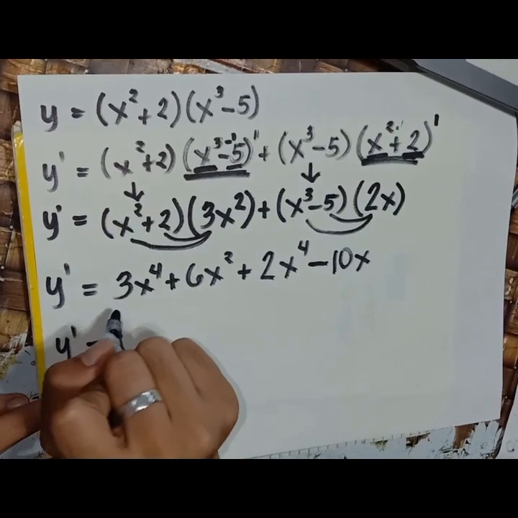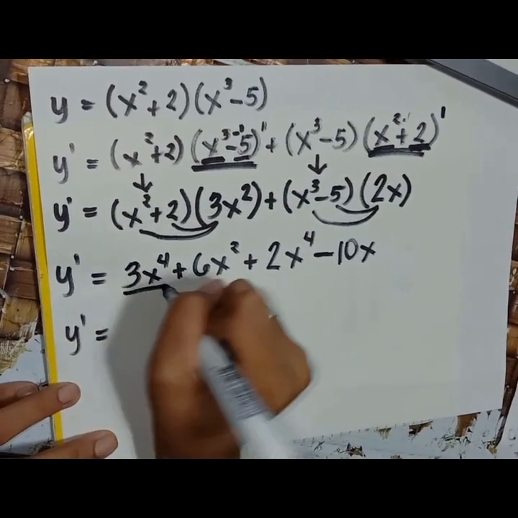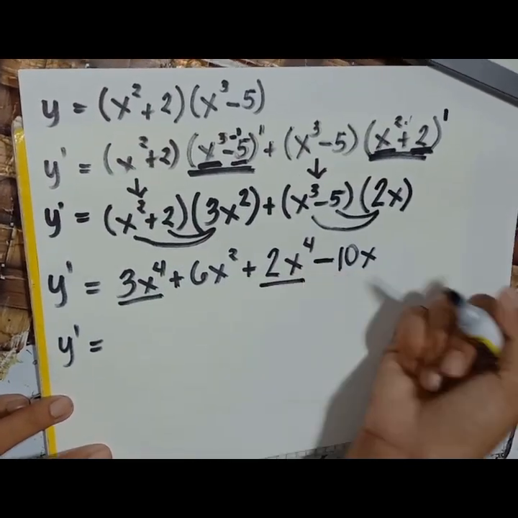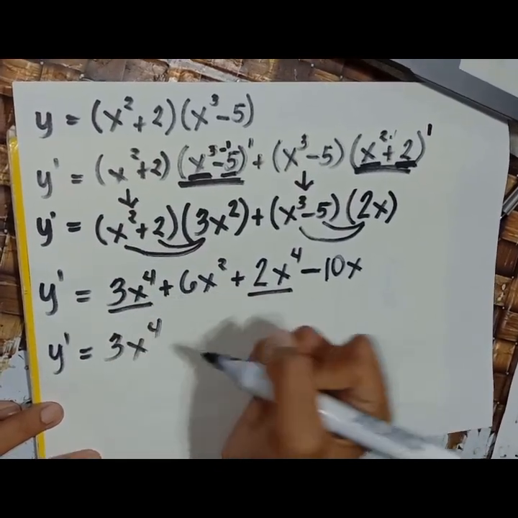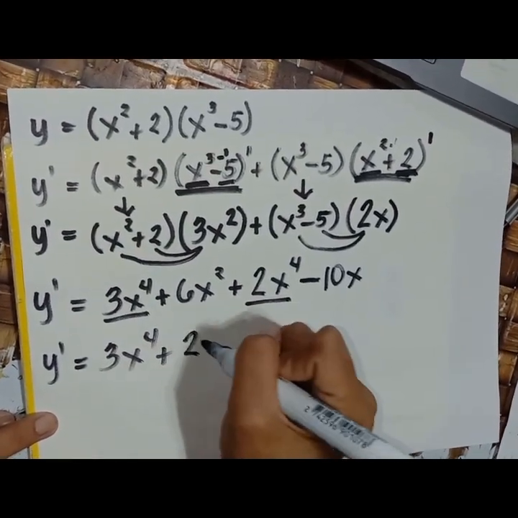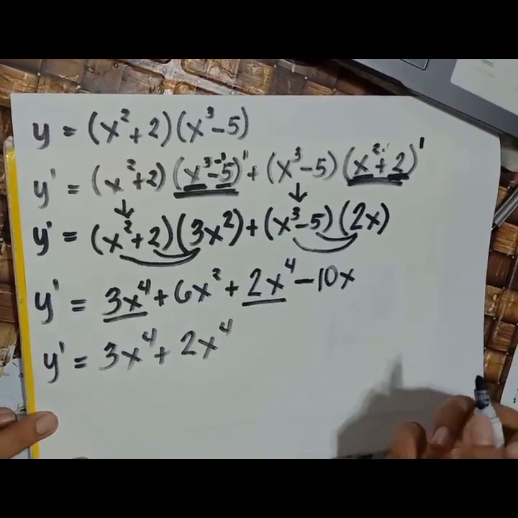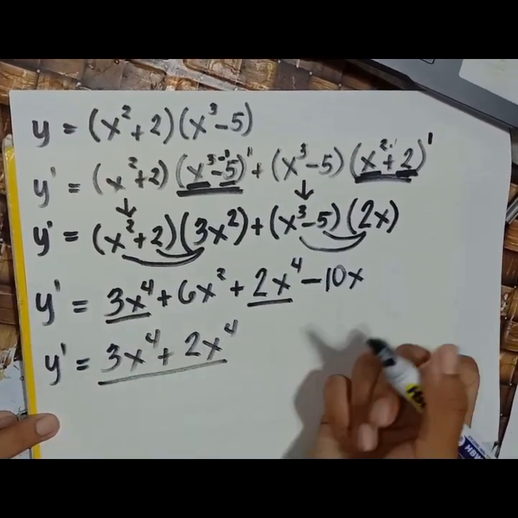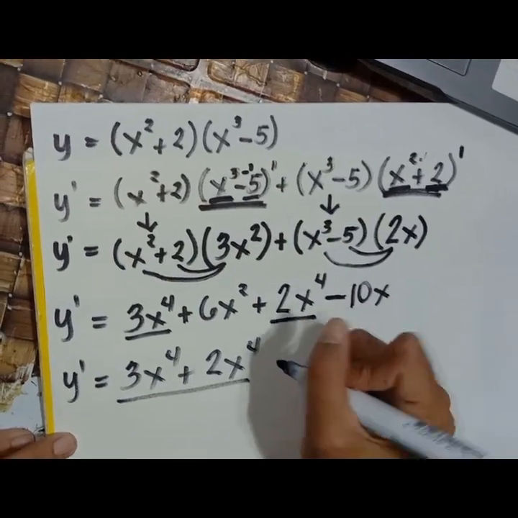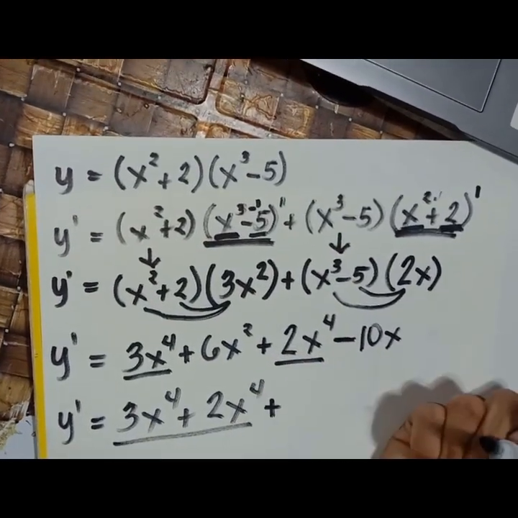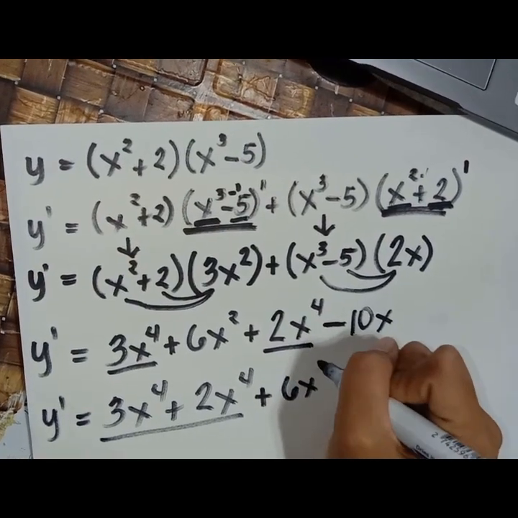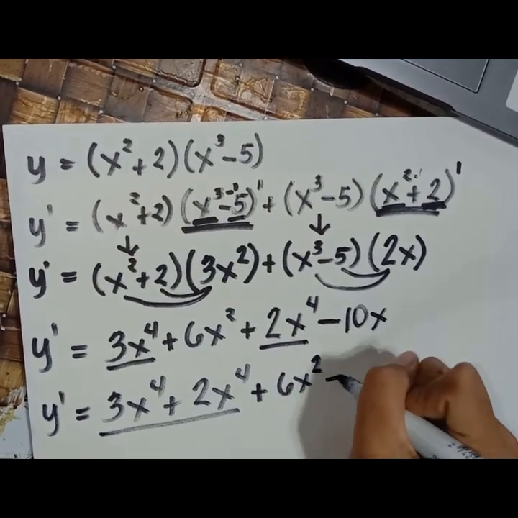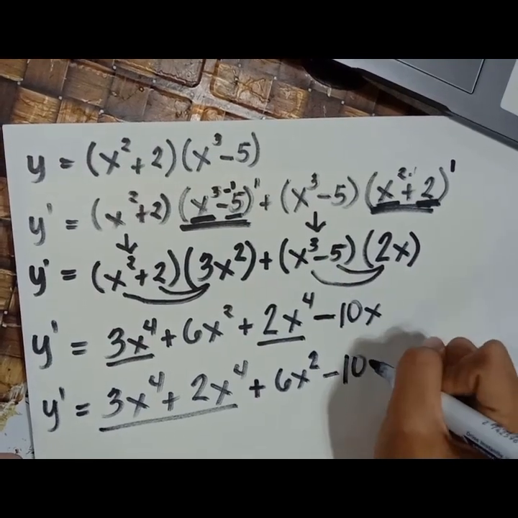Since 3x to the fourth and 2x to the fourth, combine these terms, then followed by 6x squared minus 10x.